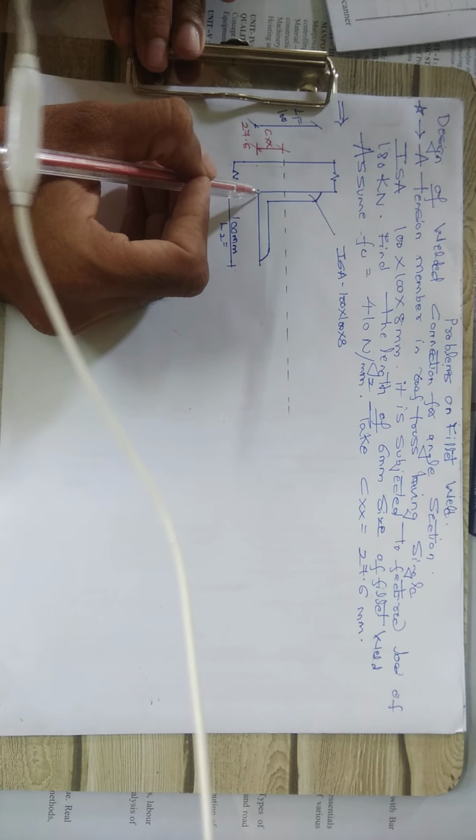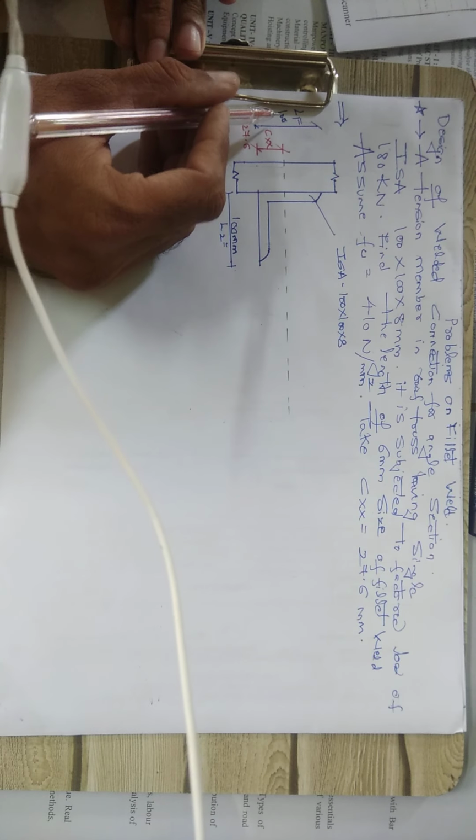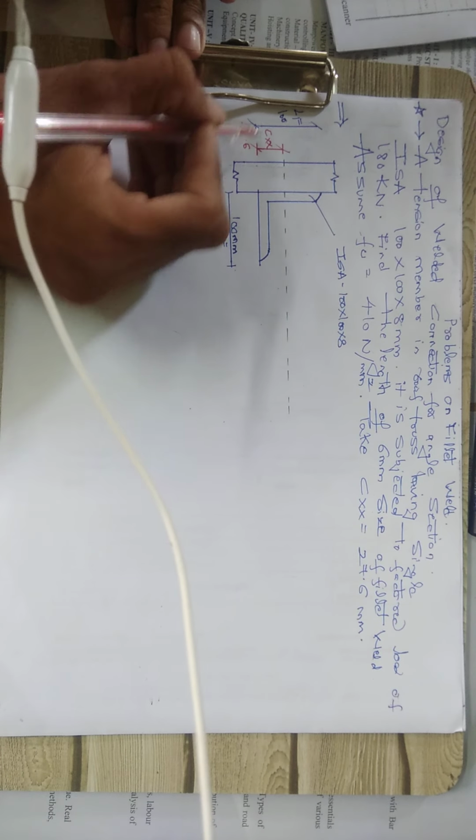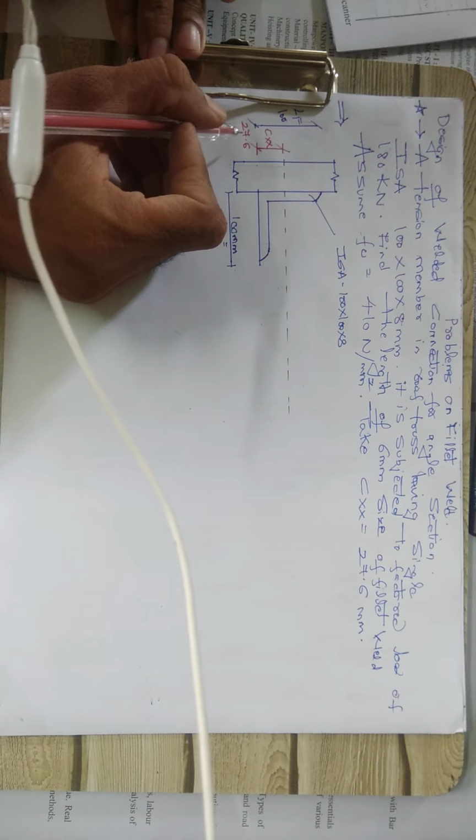What about the remaining distance here? The total angle from this point to this point is 100. So 100 is L1, and L2 is also 100. But Cxx from the bottom has been given as 27.6.